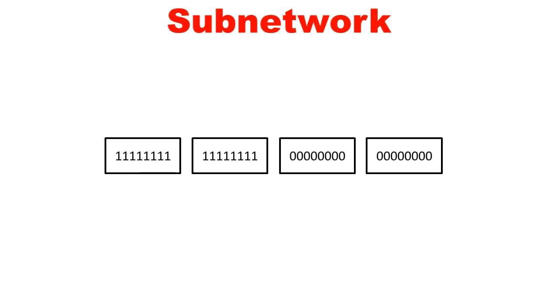In this way, the subnet mask separates the IP address into the host part and network part. The word mask has significant value because the subnet mask essentially uses its own 32-bit number to mask the IP address.